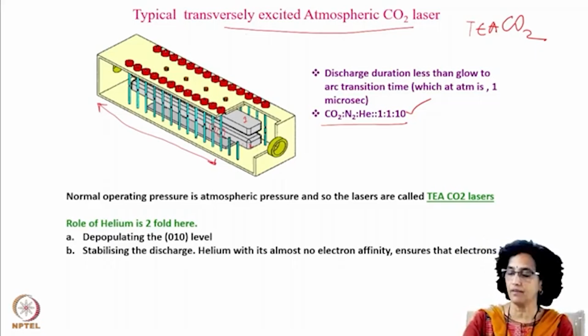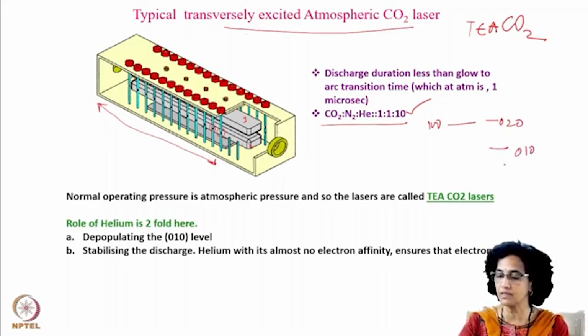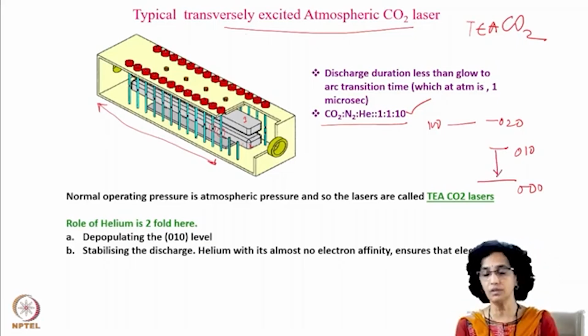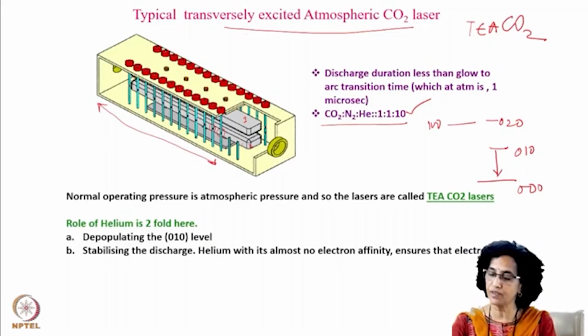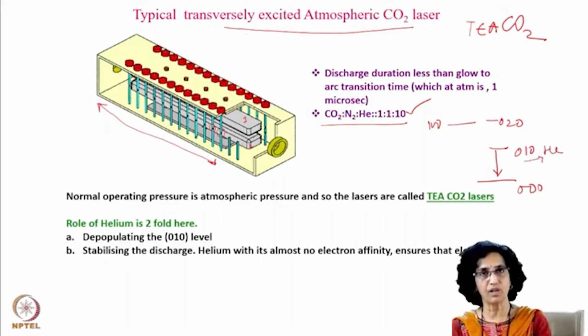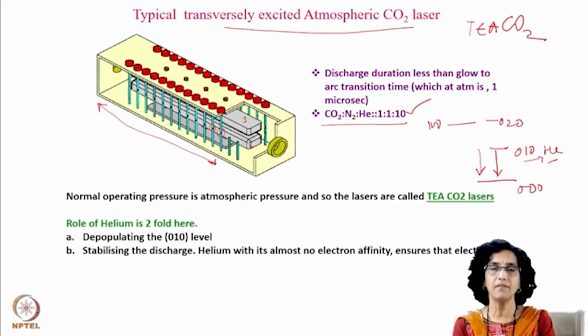We know that the 100 and 020 levels come down eventually to 010, and they have to be brought down to the ground through collisions with helium, VT relaxation. And so for that, we definitely require helium. And now at higher pressure, we also require a large amount of helium to bring this down effectively. That is one. But the second role, which is also very important here, is that helium is a very noble gas.